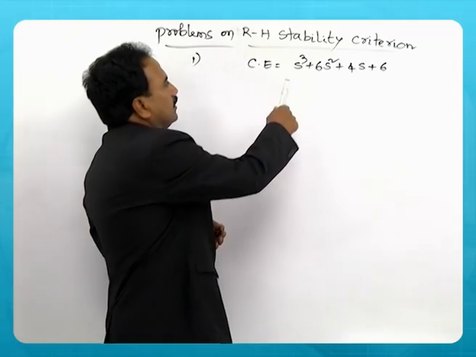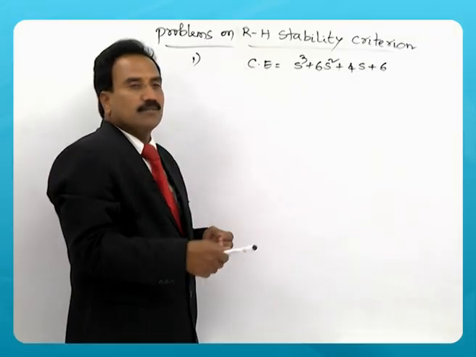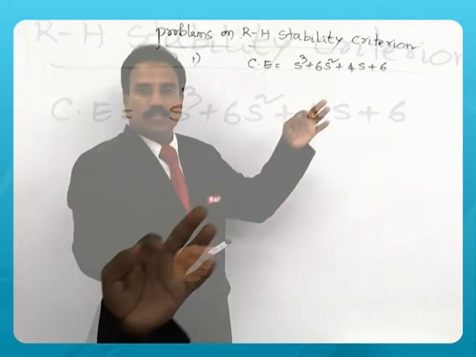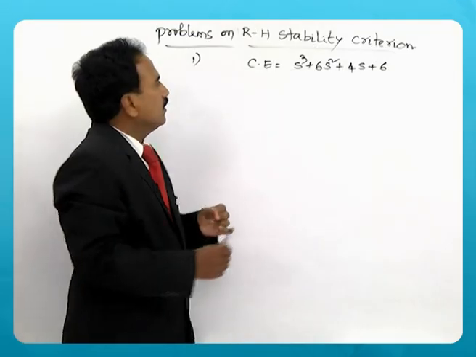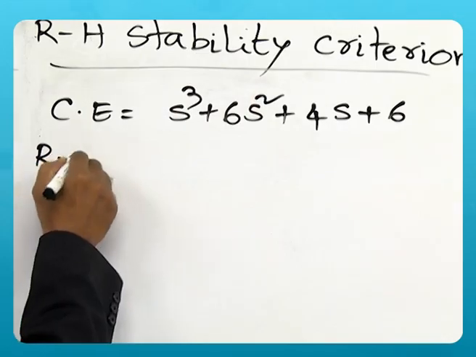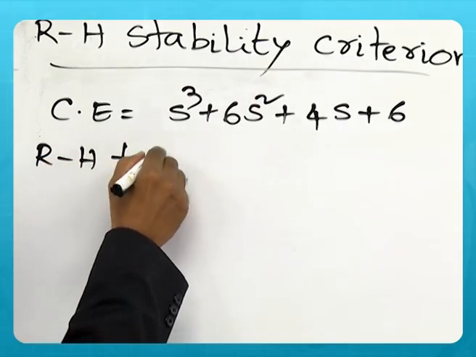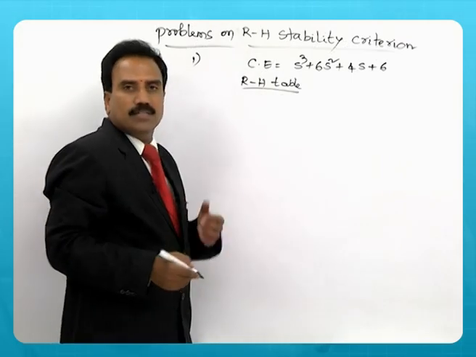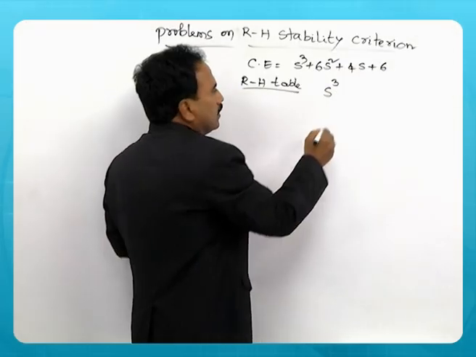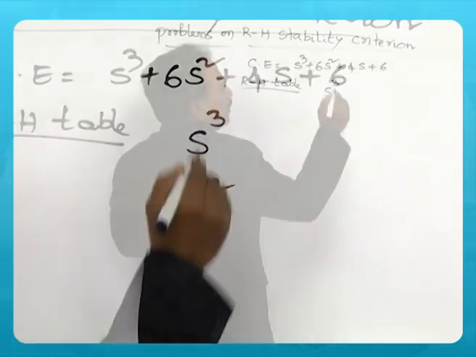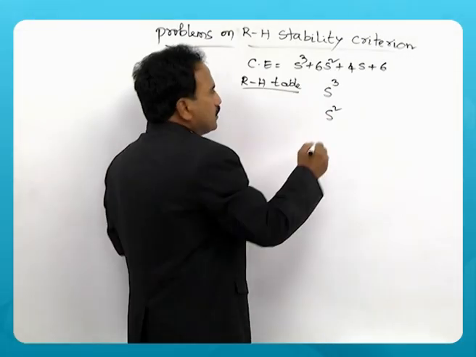You can see that the necessary condition is met here because no term is missing and all the coefficients have same sign. Now, we need to form the R-H table for this simple third order system, starting from the highest power of s, then next highest.